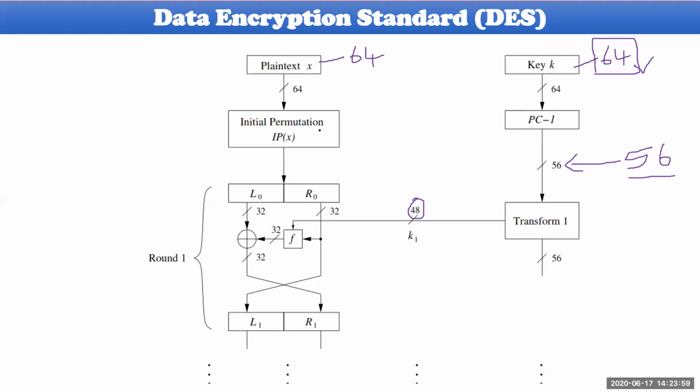So it is reduced to 56 bits and sent to the transform operation. This transform operation again reduces it to 48 bits. These 48 bits will be sent to the round function as one of the inputs.